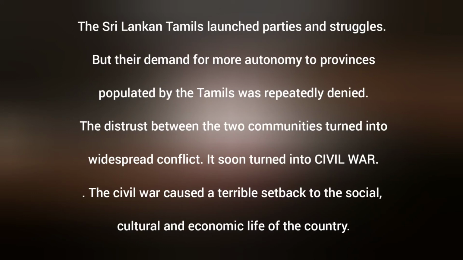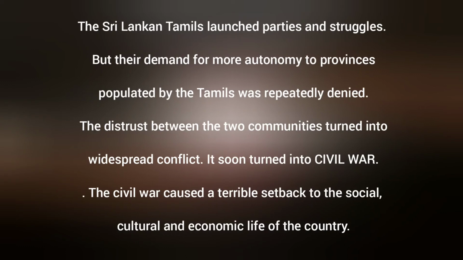So what were the after effects of the civil war? As a result, 1,000 people of both the communities have been killed. Many families were forced to leave the country as refugees, and many more lost their livelihoods.